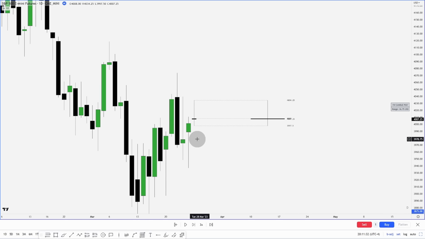We have the ES daily chart, and we are looking at the formation of the weekly candle here. If we are expecting a bearish week, we would want to see a high put in, so an open, high, low, close. And if we're expecting a bullish week, we'd want to see an open, low, high, close. So here is Monday.